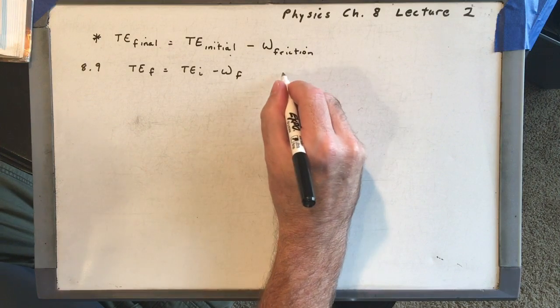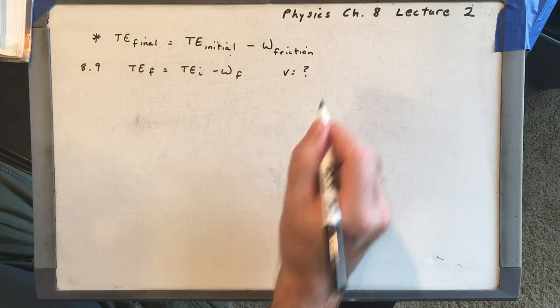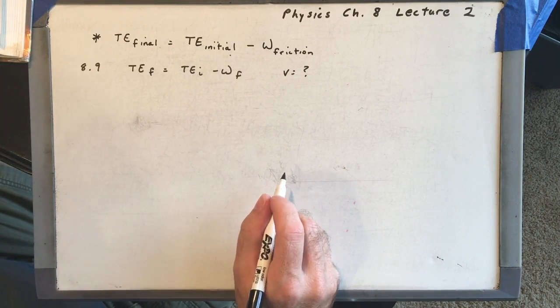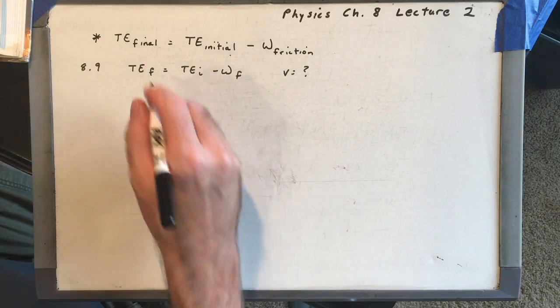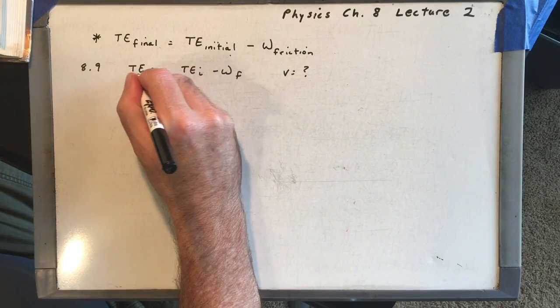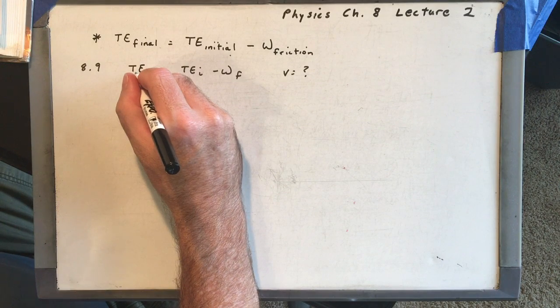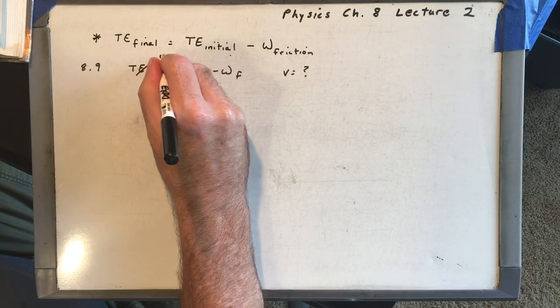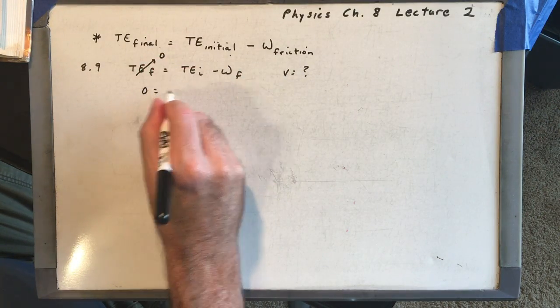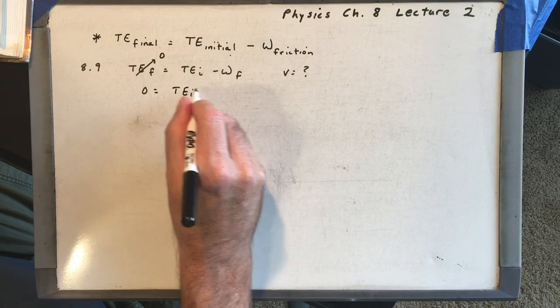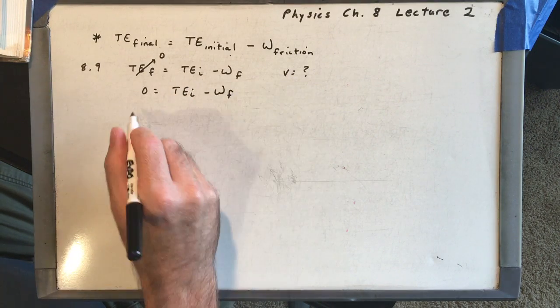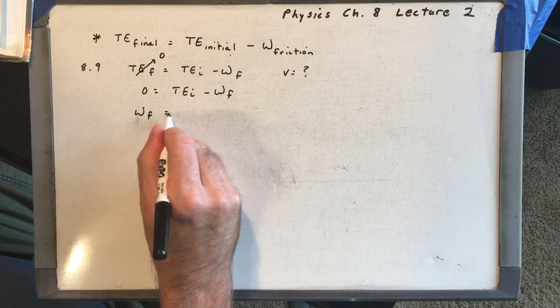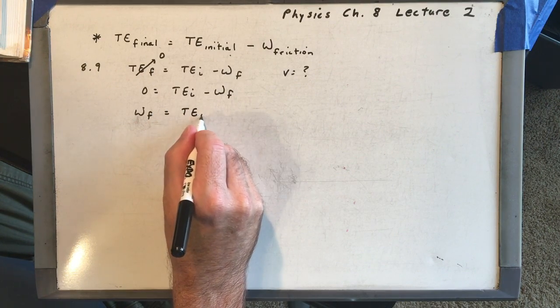We want to know the initial speed, so we're looking at velocity here. It comes to a stop after 3.5 meters. So we know the final energy is 0. So we have 0 is equal to total energy initial minus the work done by friction. So bringing work done by friction over to the left is equal to total energy initial.